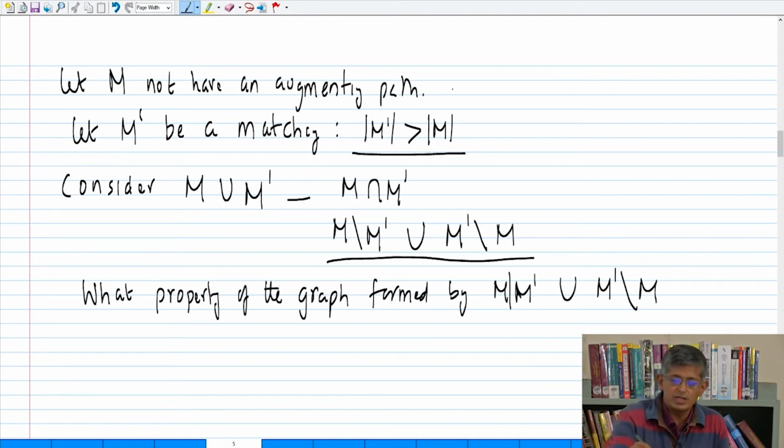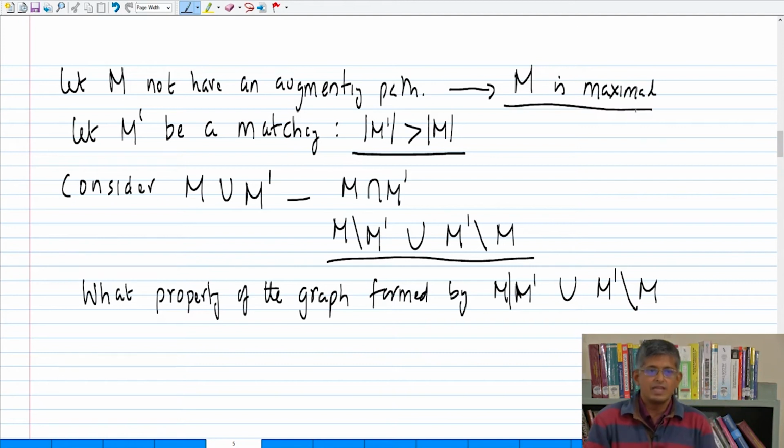Before that, let's observe one small thing. This implies that M is maximal. This I forgot to say, meaning that you can't add one more edge to M. Otherwise, that would have been an augmenting path. So M is a maximal matching. M prime is a maximum matching. M prime has at least one more edge than M.